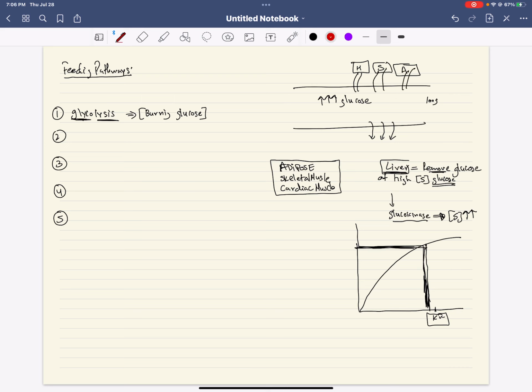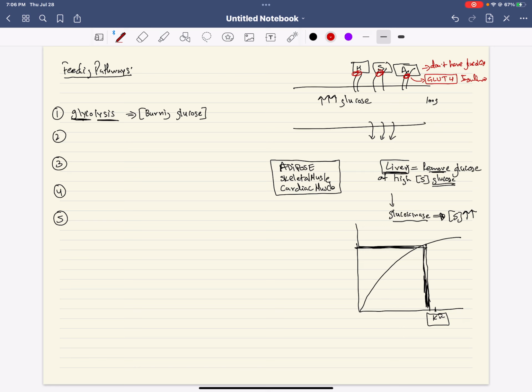But these cells don't have glucokinase, so they need transporters here. These transporters are called GLUT4 transporters. And in order for these transporters to translocate to the membrane, you need insulin.